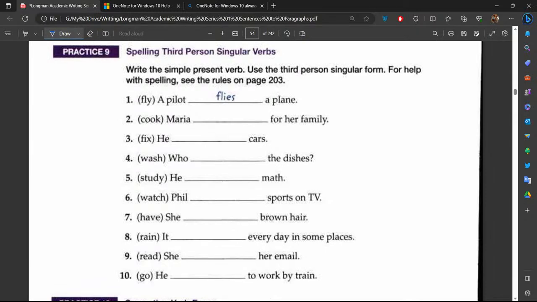Now practice 9. Write the simple present verb. Use the third person singular form. For help with spelling, see the rules on page 203. So fly, we already saw that if it is fly, it would become flies. Maria cooks for her family. He, if it is x, it takes es. He fixes.